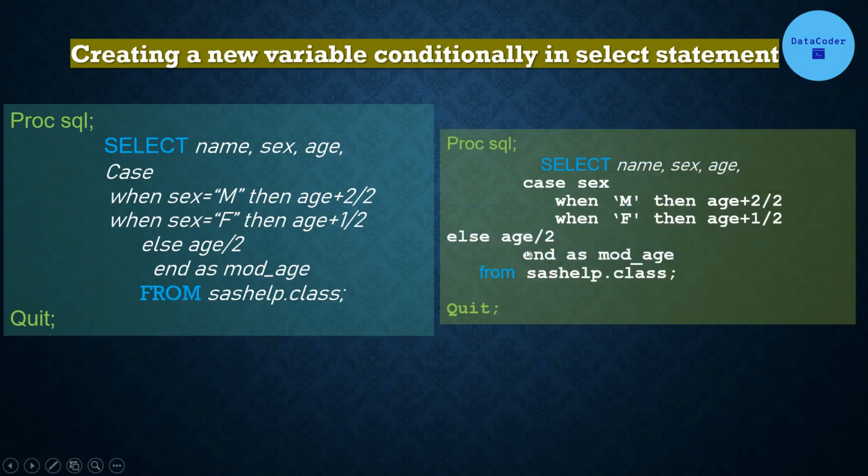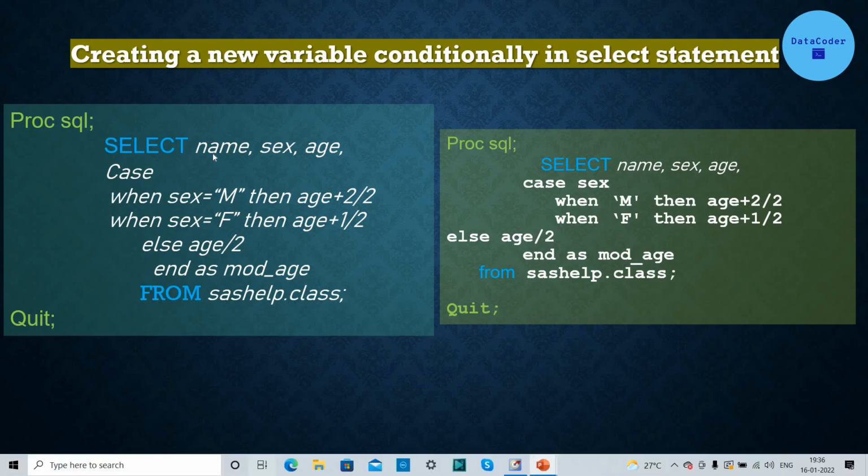So this is one syntax, and we have another syntax. PROC SQL select name, sex, case sex when male then age plus 2 by 2, when female then age plus 1 by 2, else age by 2, as mod age. Any of these syntaxes we can follow, and we can create the new variable conditionally.